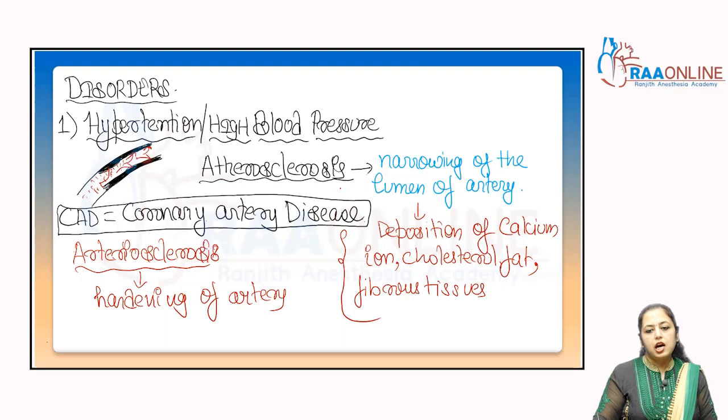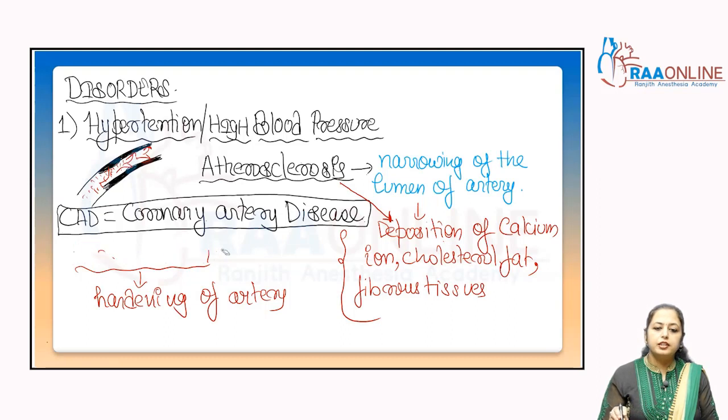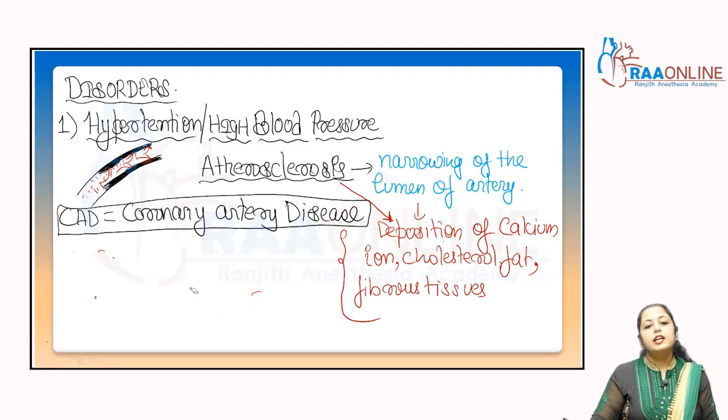So you just have to learn this statement: the narrowing of the lumen of the artery due to the deposition of calcium, iron, cholesterol, fat, and fibrous tissue. Clear? So this is all about hypertension and coronary arterial disease.